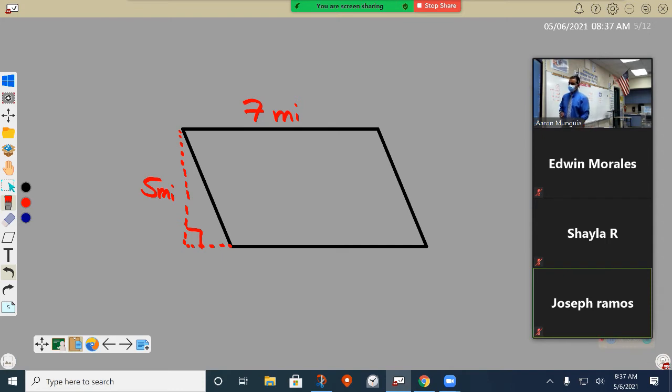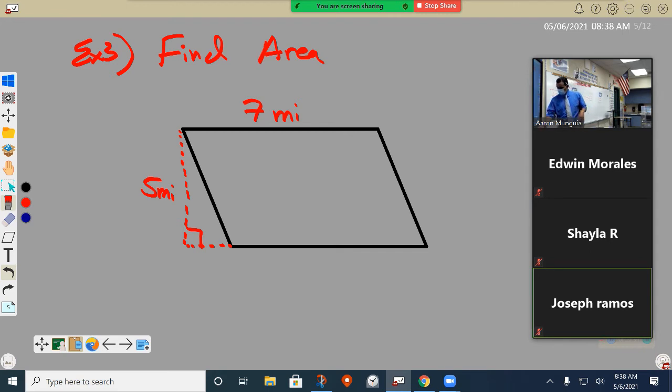And that's it. Let's just find the area on this one. This is example 3. Find area only. We'll skip perimeter, because perimeter is just adding up all the sides. We're done with perimeter for now. Find the area. So we've got a parallelogram.